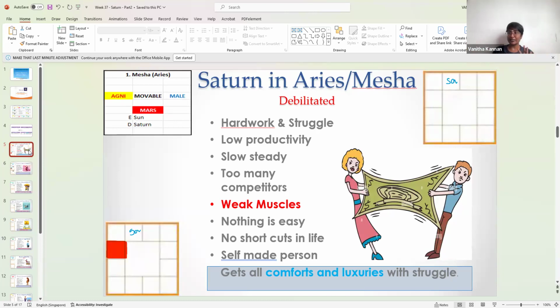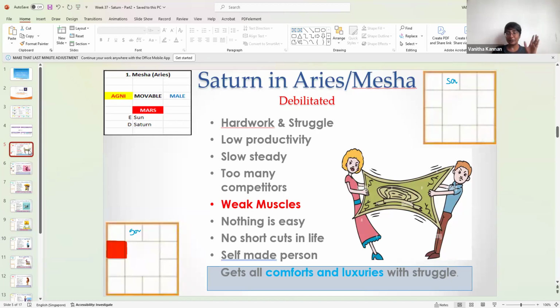And these people are really self-made persons. Why? Because this is the fire. Saturn is in the fire element, and even though the energy is completely depleted, these people want to come over it. Even though Saturn's energy is depleted, it is in the fire element. So these people have willpower, it won't be less.